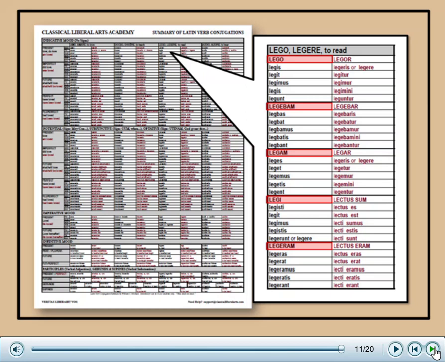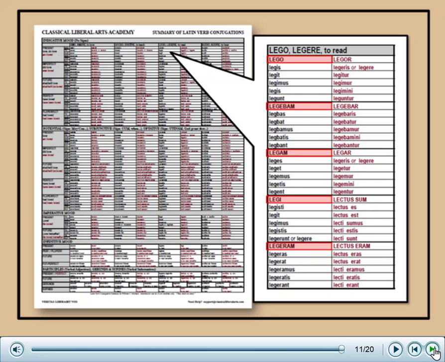Now let's move to the third conjugation for the verb lego, legere, to read. We're going to learn the first person forms of the indicative mood for the third conjugation. You can see the forms we're going to learn highlighted in red in the box on your screen.